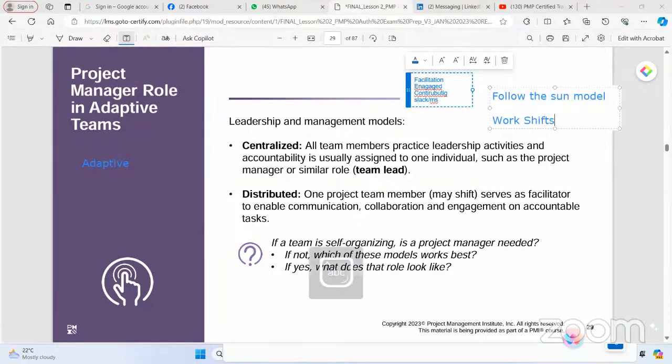We may have three shifts, say a morning shift, maybe an 8-hour shift, in one time zone. Once it finishes, there is a handover to the other team. A developer worked for 8 hours on the code and handed it over to another set of developers, who pick it up where the first developer left it.